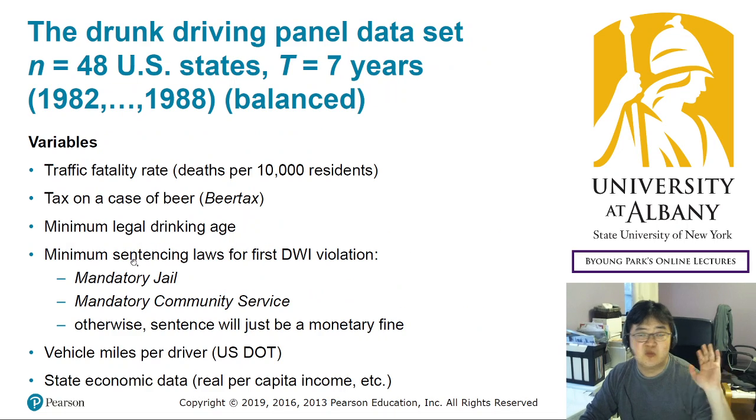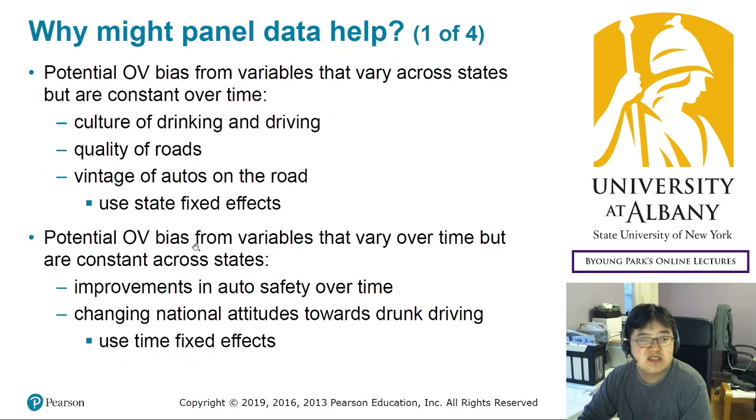Even if we included these control variables, you still have to understand that there are unobserved characteristics. The first type of unobserved characteristics are constant over time. So culture of drinking and driving, quality of roads, and vintage of autos on the road.